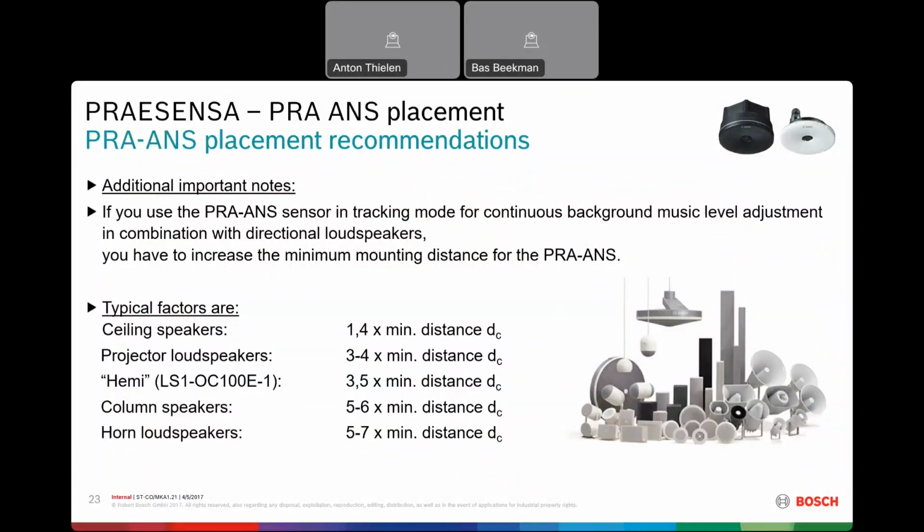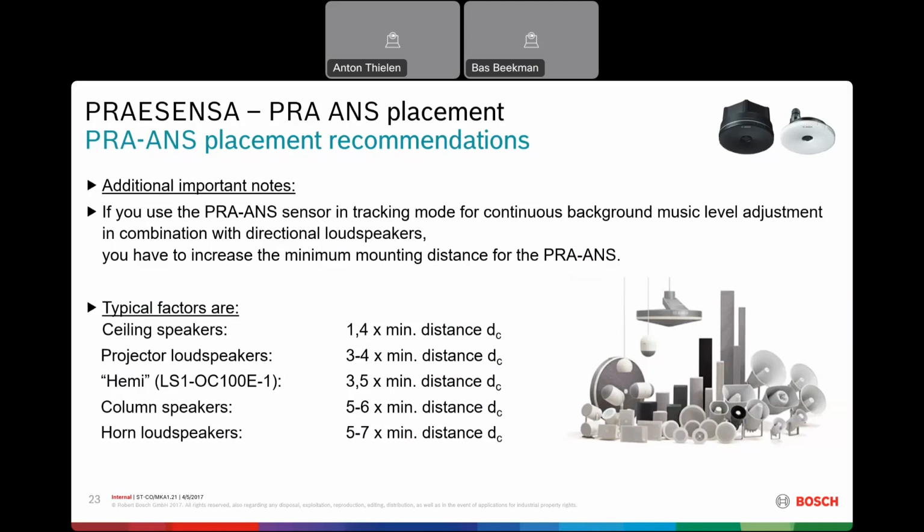But there are also some other factors which you need to keep in mind for the speakers which are your direct sound sources. These need to have an additional factor on the critical distance. As a rule of thumb, for ceiling speakers you need to calculate 1.4 times the critical distance which was shown in the previous table.